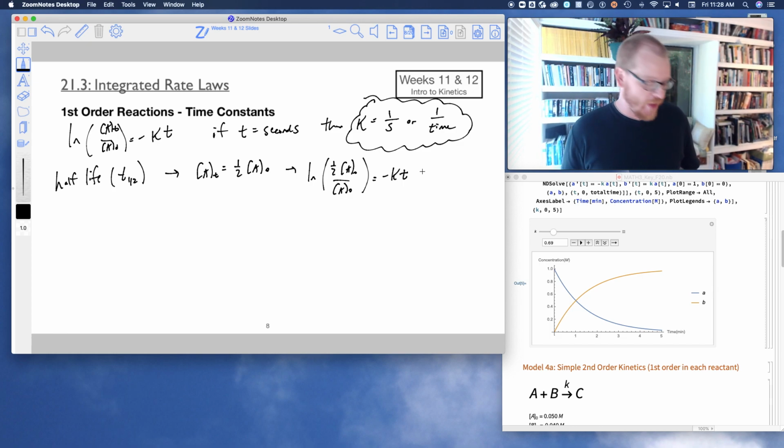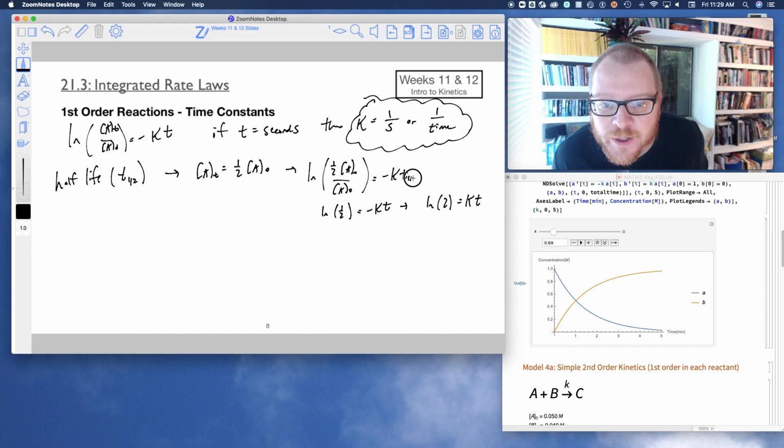And so when I do that, this becomes the natural log of 1/2 equals negative kt. And if I want to get rid of that negative sign, that's going to flip this. And so that just makes it natural log of 2 equals kt.